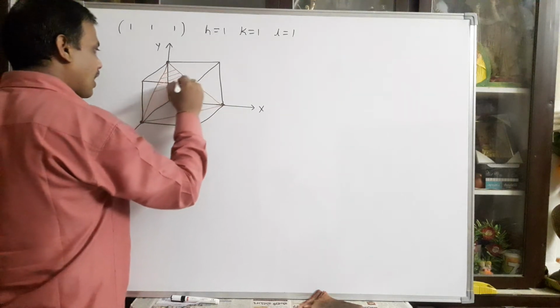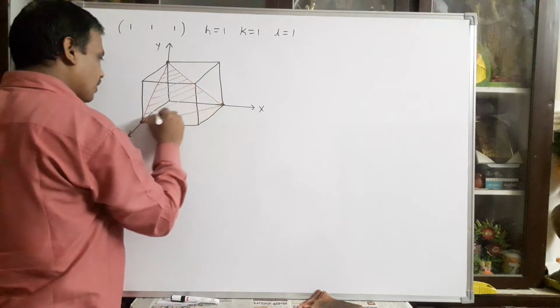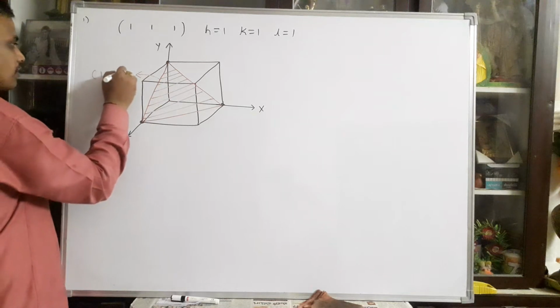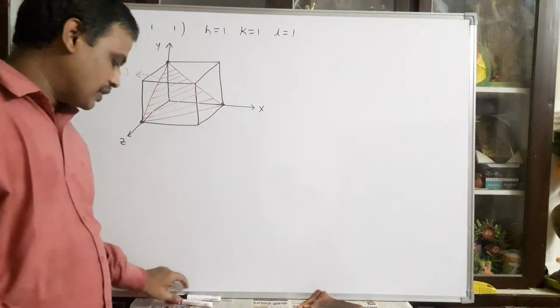That plane's Miller indices are 1 comma 1 comma 1. So this plane is the 1 1 1 plane. According to the basics of Miller indices, I am drawing the 1 1 1 plane in a 3-dimensional point of view. That is the first example of how to draw a lattice plane in the cubic crystal.